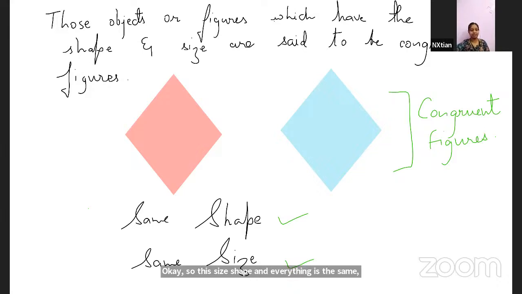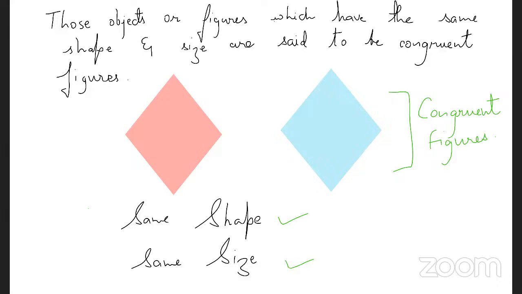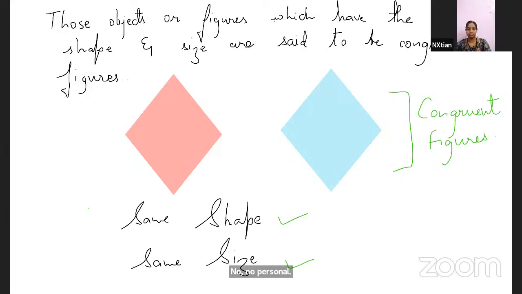Abraham, an example. Ma'am, I posted mine in the chat. Your example is in the chat. Let me see. Two triangles.